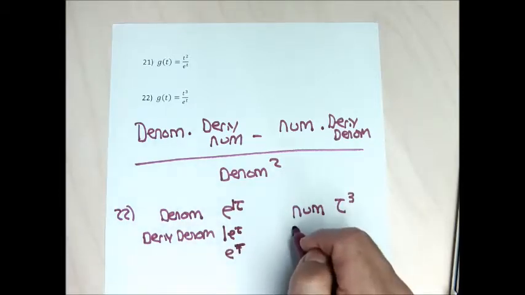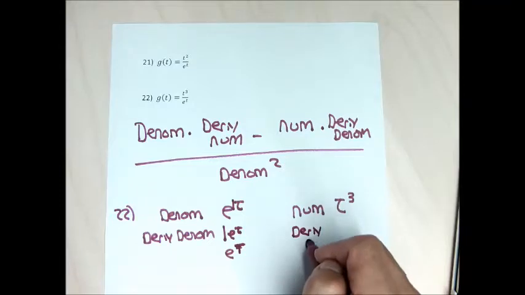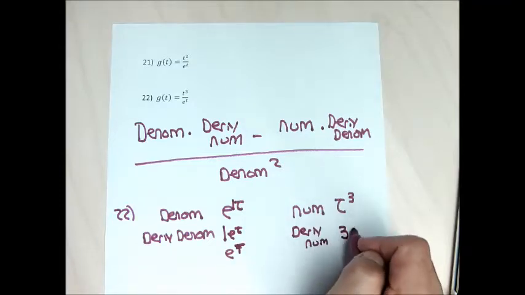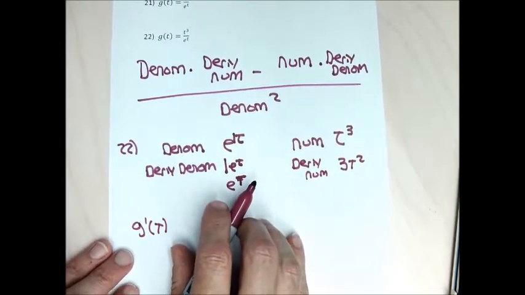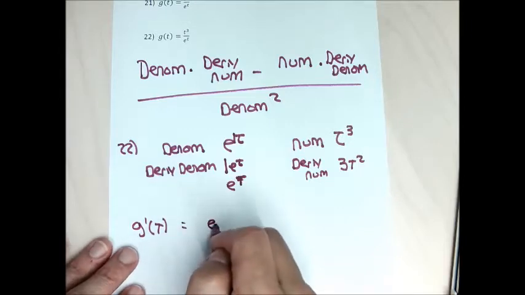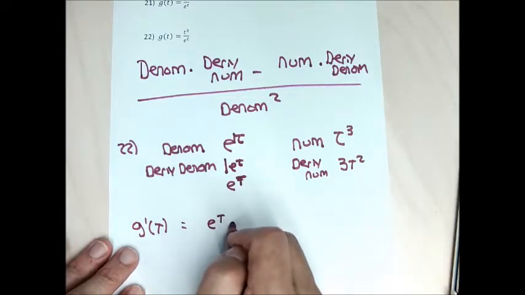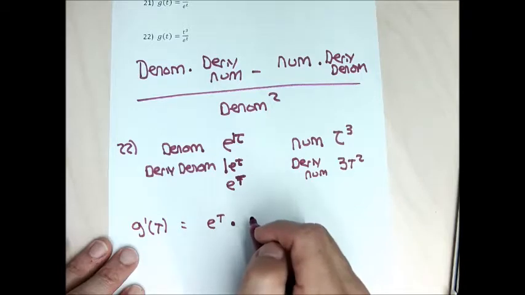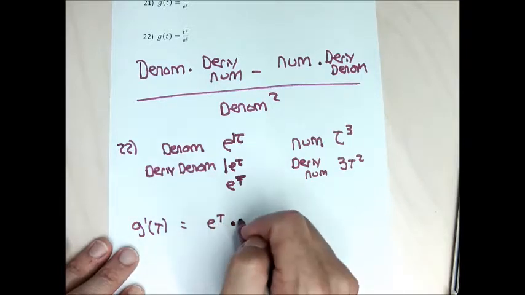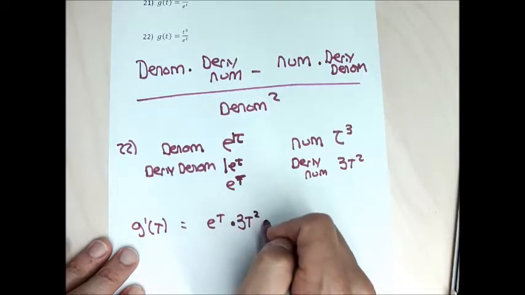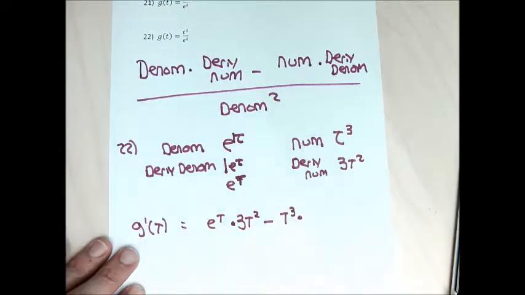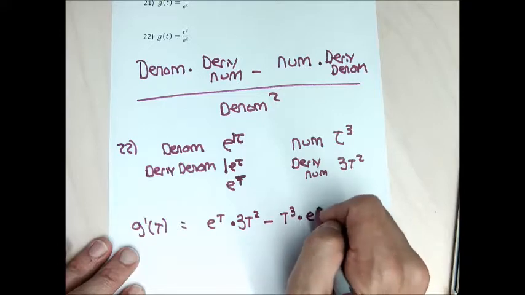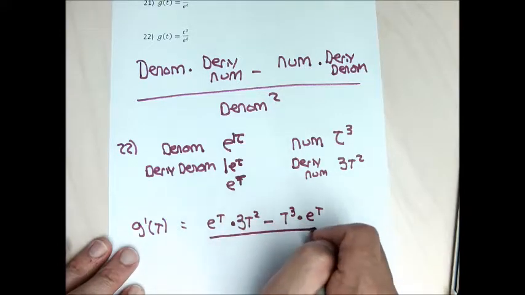The derivative of the numerator is 3t squared. So when I go to write down my derivative for problem 22, I'm going to write down the denominator, e to the t, times the derivative of the numerator, which is 3t squared, minus the numerator, t cubed, times the derivative of the denominator, e to the t, all over the denominator squared.